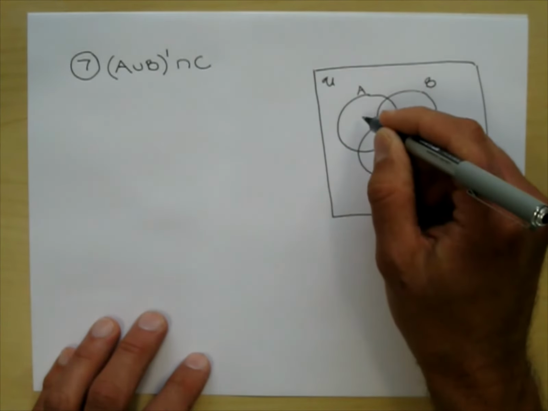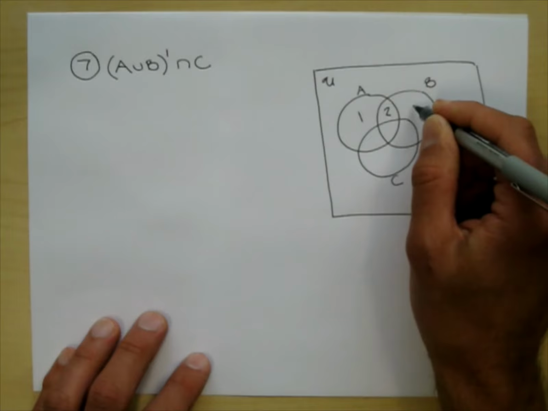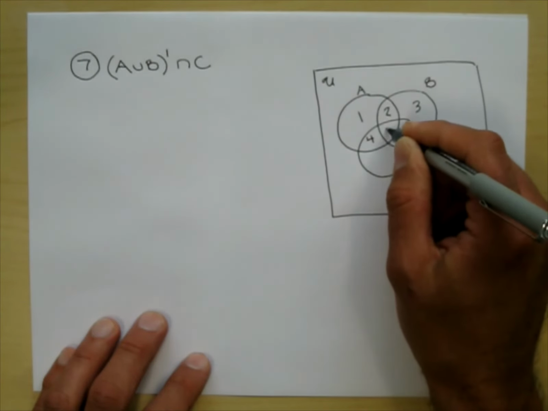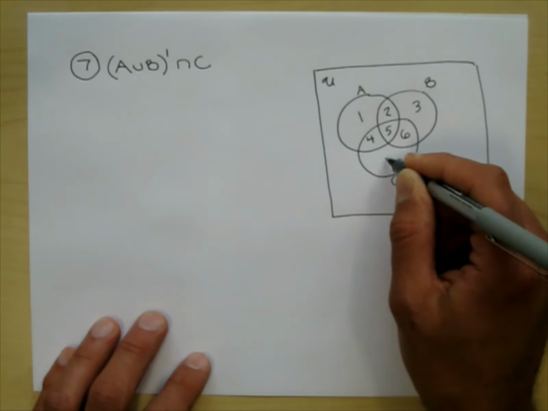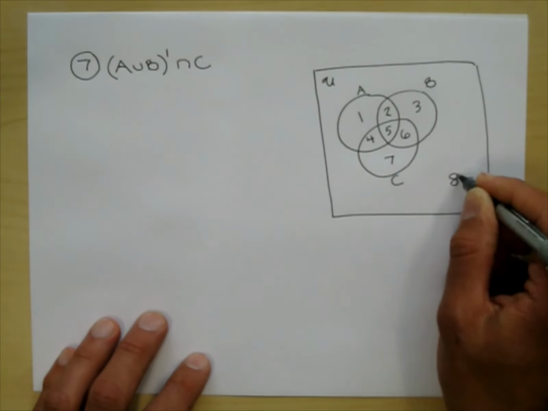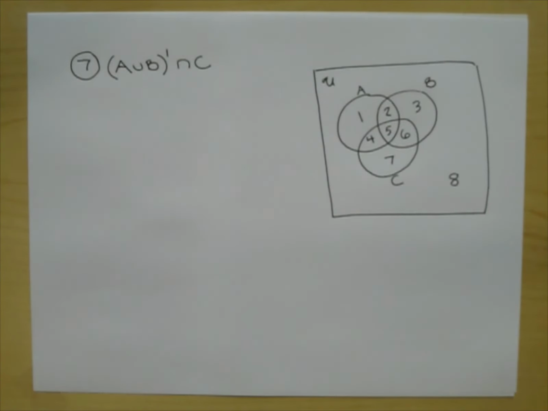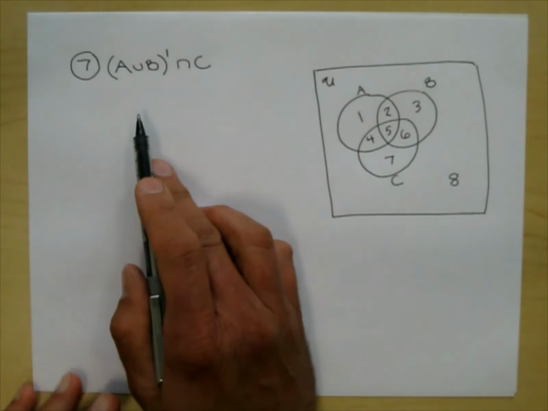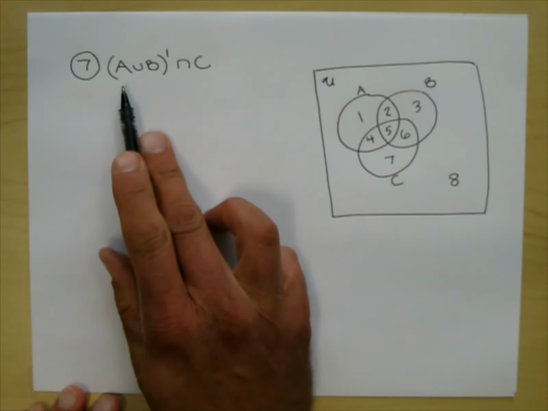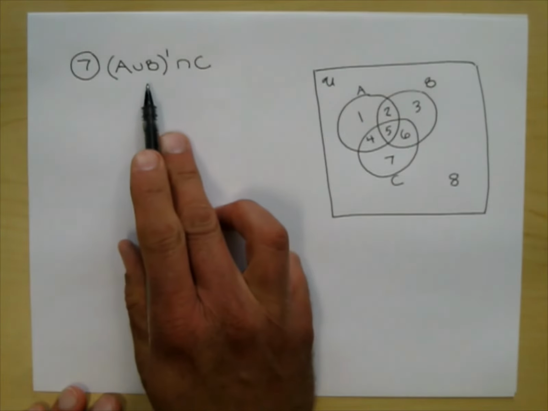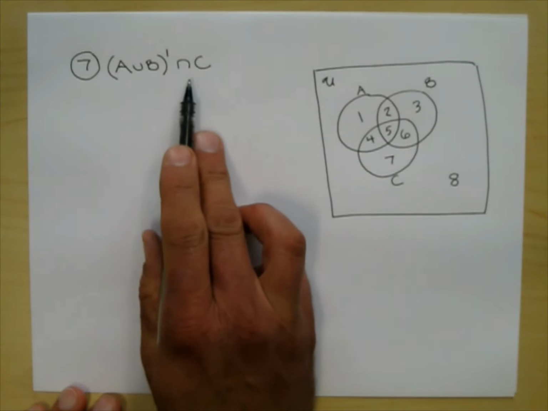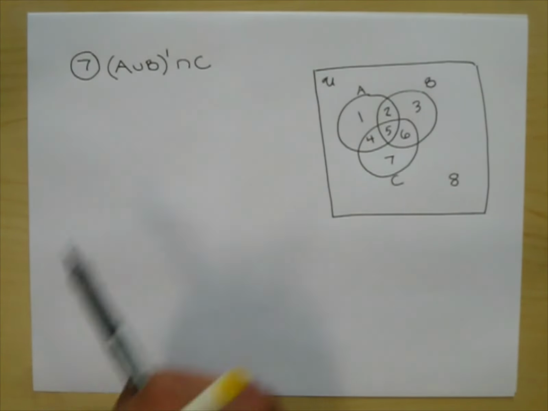So there are 8 regions. I'll go 1, 2, 3, 4, 5, 6, 7, 8. And now we're going to take a look at this. You can speed things up if you want. You could say, well, what would be the first thing that I would do? The parentheses.